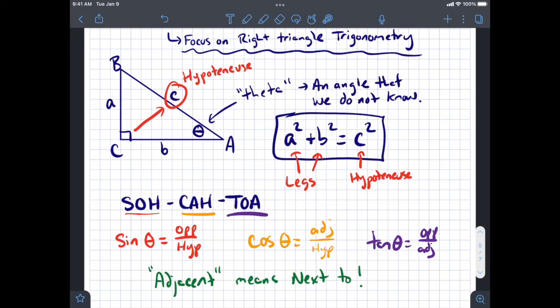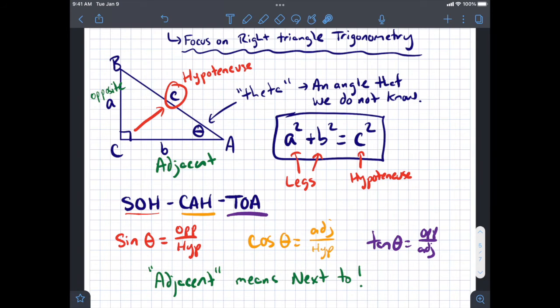So in this particular picture, if this is my angle theta, we already know that this c value is our hypotenuse because it's the longest side, but our b value here, because it is next to our angle, would be our adjacent. And that would mean that across from it, or opposite from it, would be our a value. So that would be opposite for that particular angle.